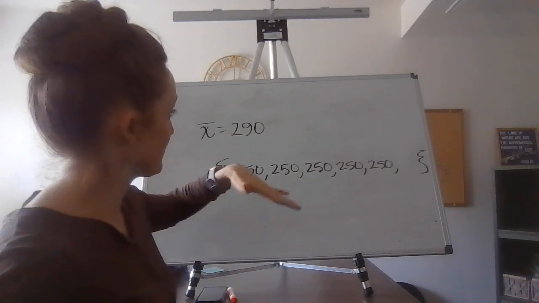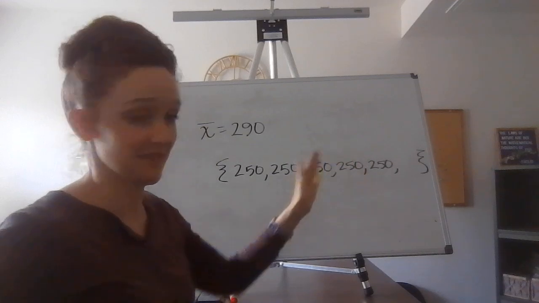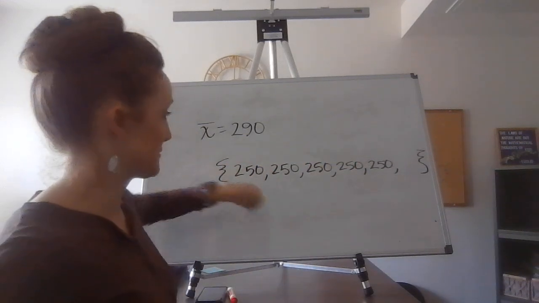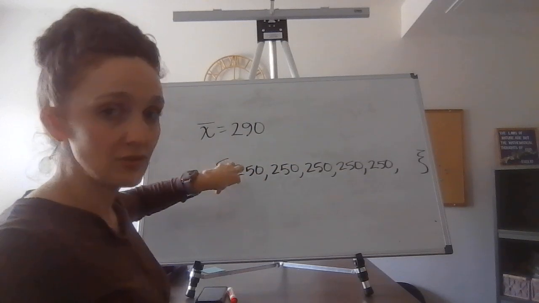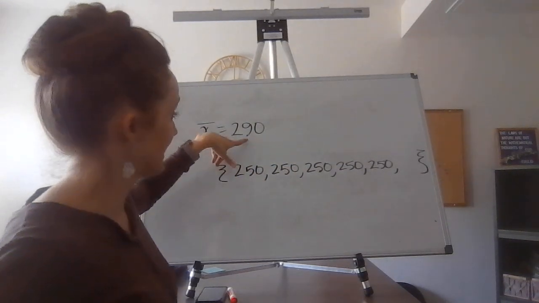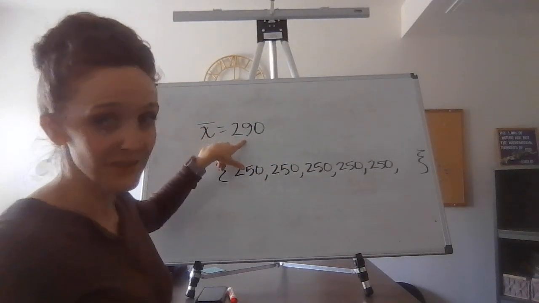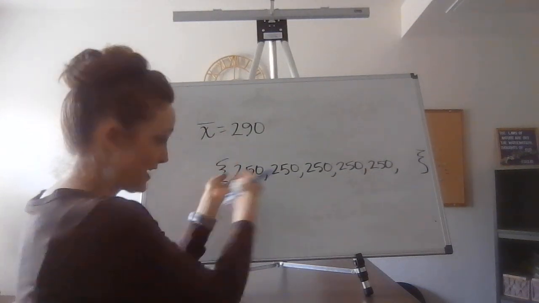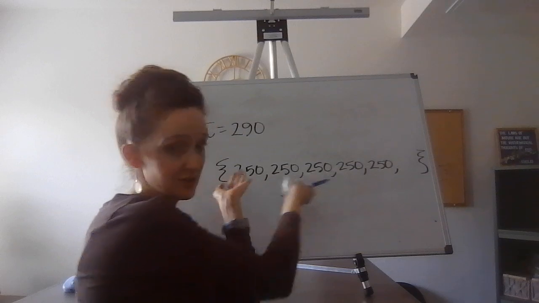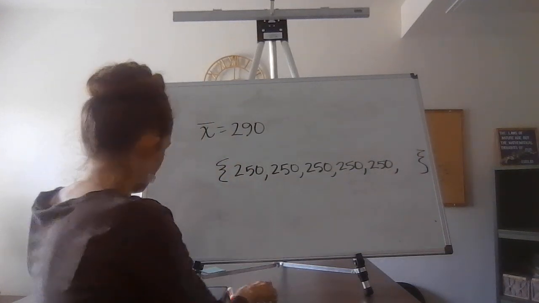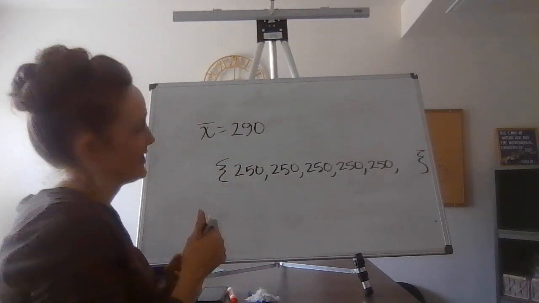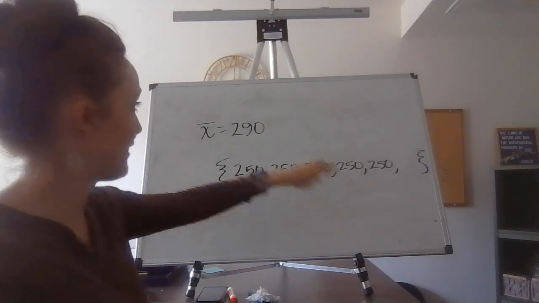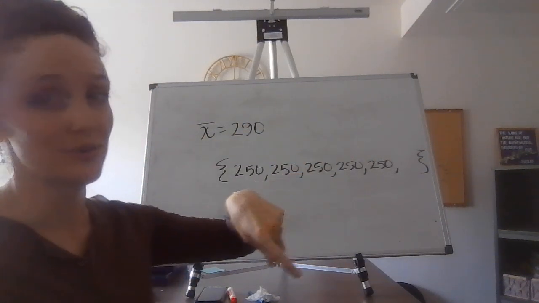And if we think about the evening out thing, once we got rid of all those 40s, once we got rid of that 200, we would still have to have 290 left on this value to have our mean be 290. So it's like all of these are just a whole bunch of 290s, right? So it seems to me that the correct last value here would have to be 290 plus 200 more, so 490.